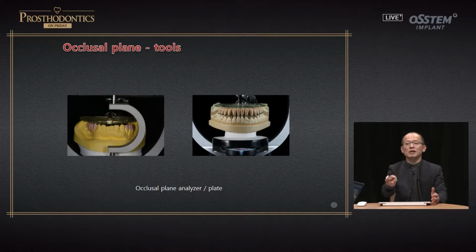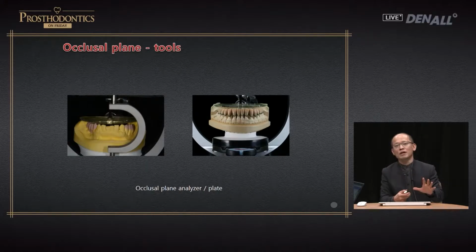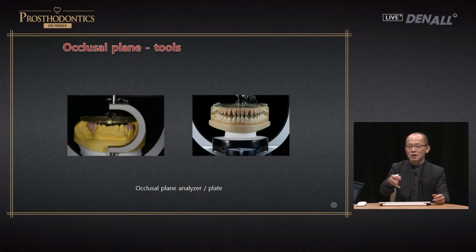There could also be an occlusal plane analyzer, a plate. It's not something you create. It's in the articulator, you make an assessment, and the technicians create it based on your assessment. Through such a process, a lot of things can be done if you use the tools.